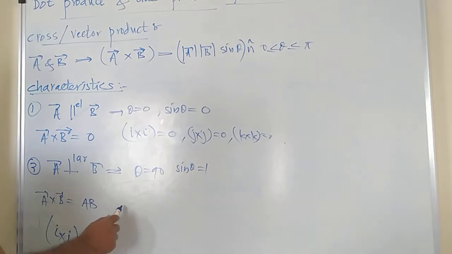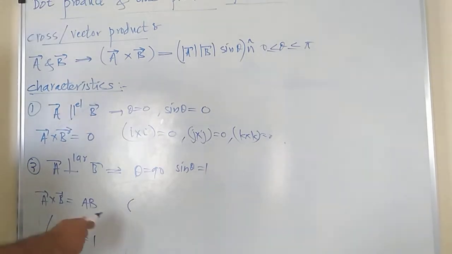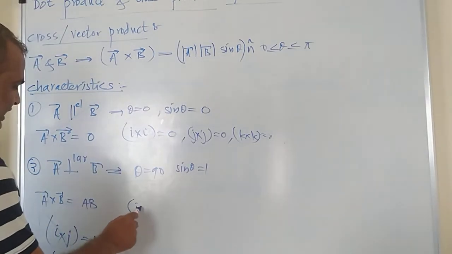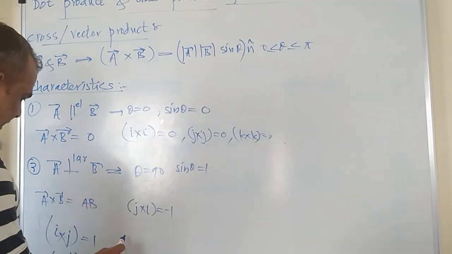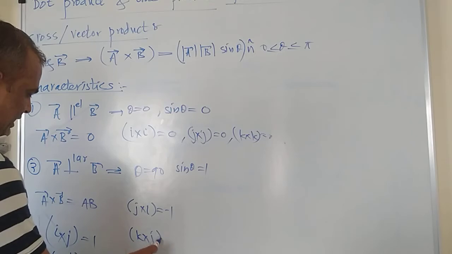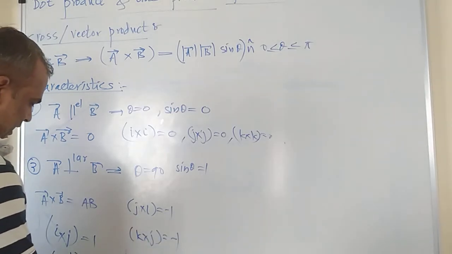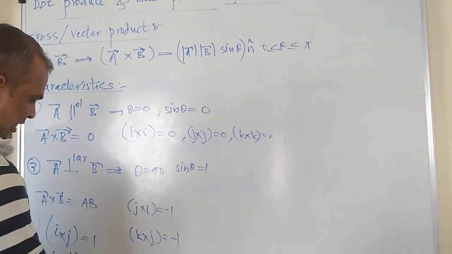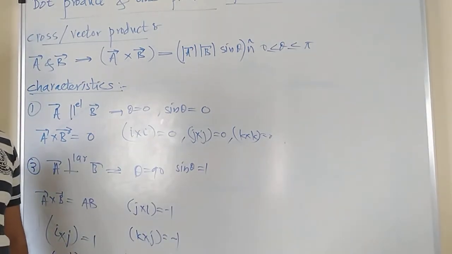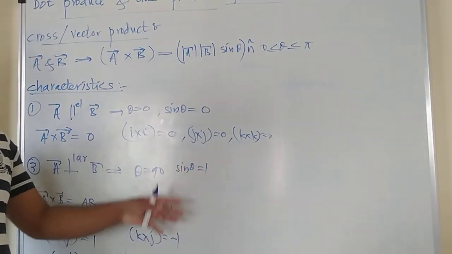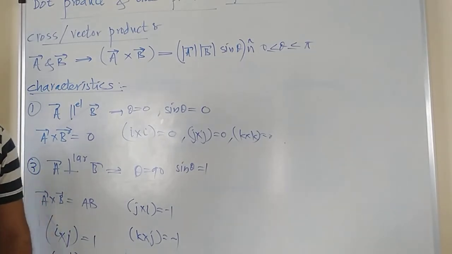Now if you are taking in a reverse way, that is j cross i, that will be equal to minus 1, and k cross j is equal to minus 1, and i cross k is equal to minus 1, right? So these are some properties of these unit vectors.